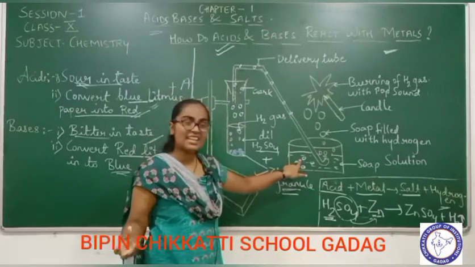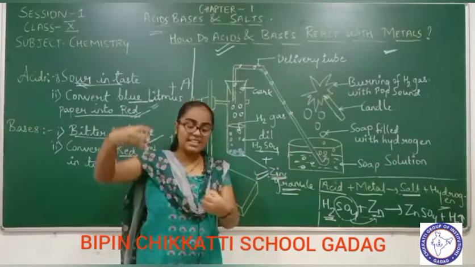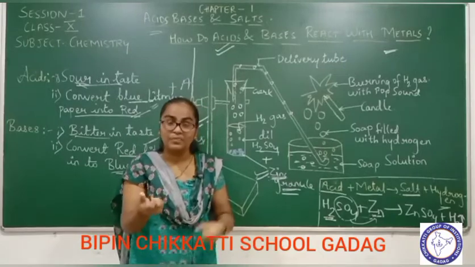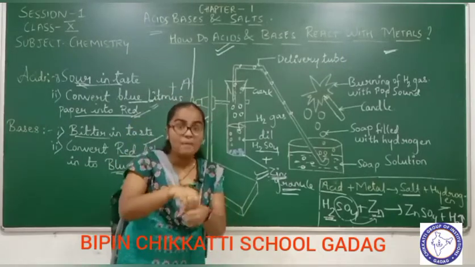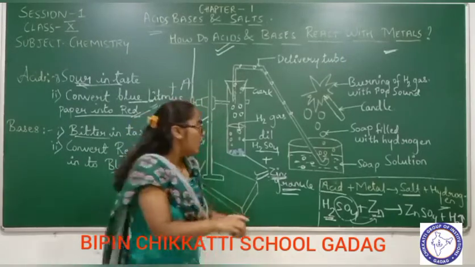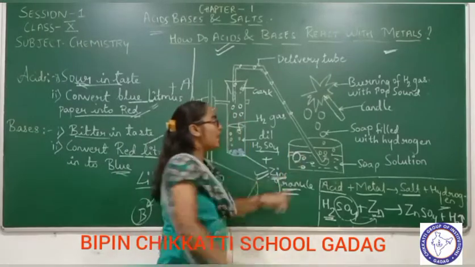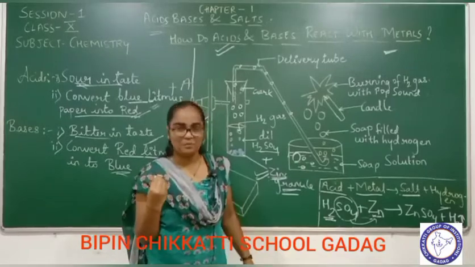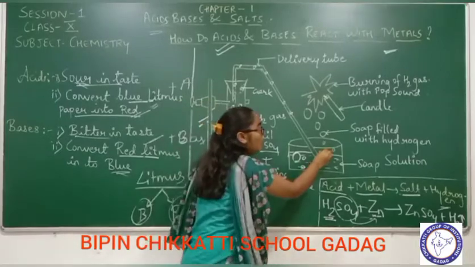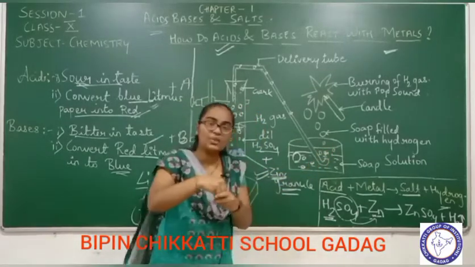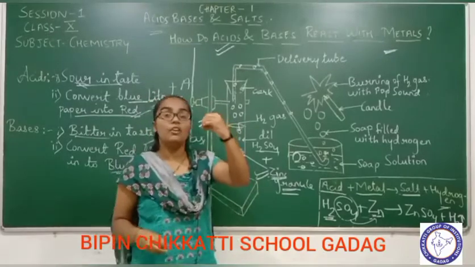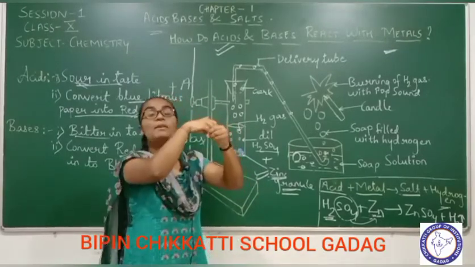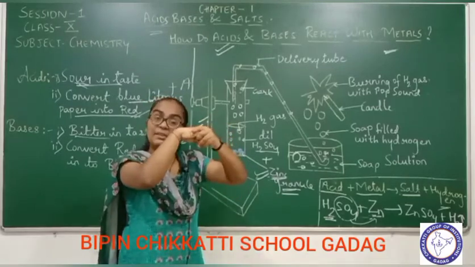The hydrogen gas will enter into the lather, the foam of the soap, and a big bubble of hydrogen gas will form along with the foam. So the foam has hydrogen gas trapped in it, right?